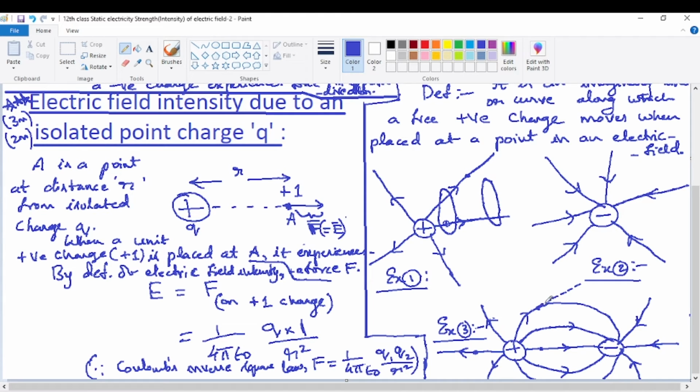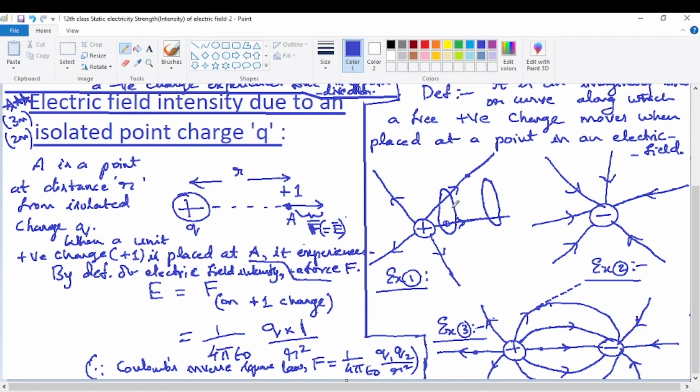So that itself is the direction of force. The direction of force on a positive charge is nothing but the direction of the electric field. So the direction of the electric field for a curved path is nothing but tangential to the curved line of force. Curved path means curved line of force. So this is another simple case where the direction of the lines of force is helping us to get the direction of the electric field.